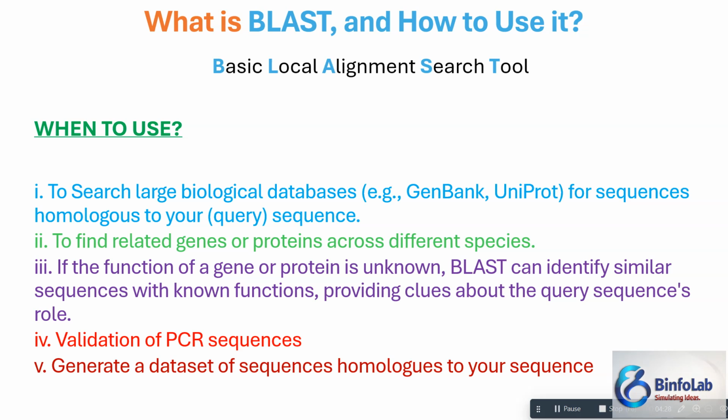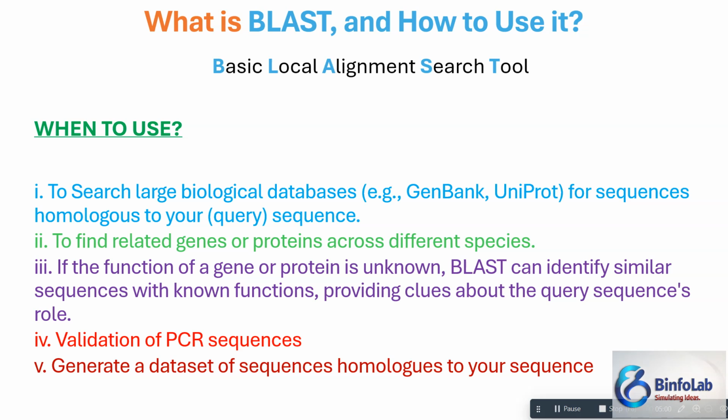We take the sequence received from the company and BLAST it. If it hits majorly for the gene we amplified in the experiment, then our PCR product is correct and safe to use in further experiments for protein expression and others.